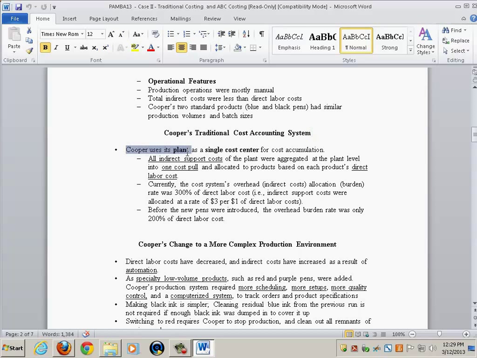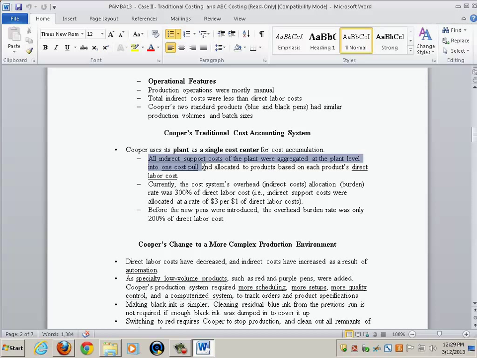Cooper uses its plant as a single cost center where it accumulates all the costs in the plant, and all indirect support costs of the plant are aggregated at the plant level into one cost pool. Pool is spelled P-O-O-L.